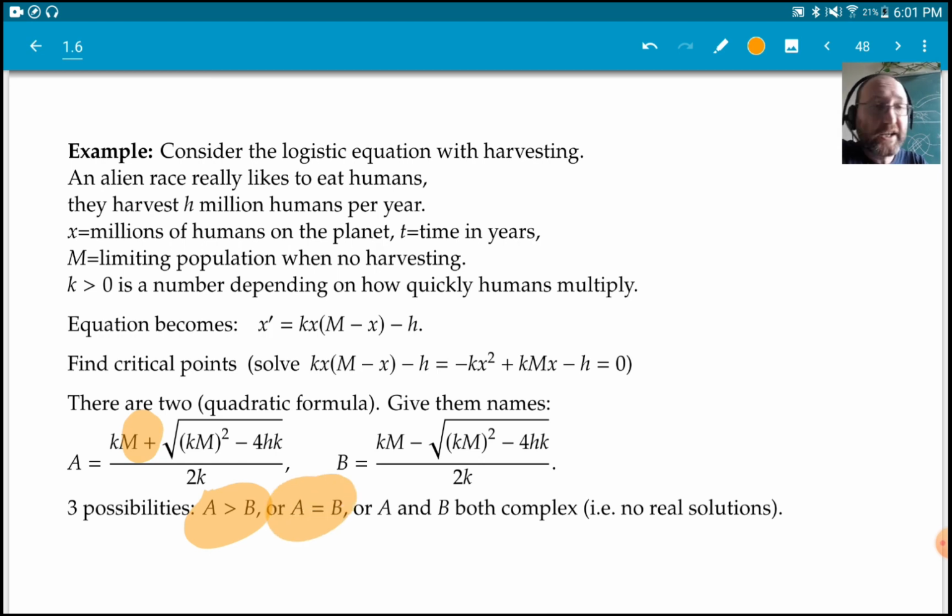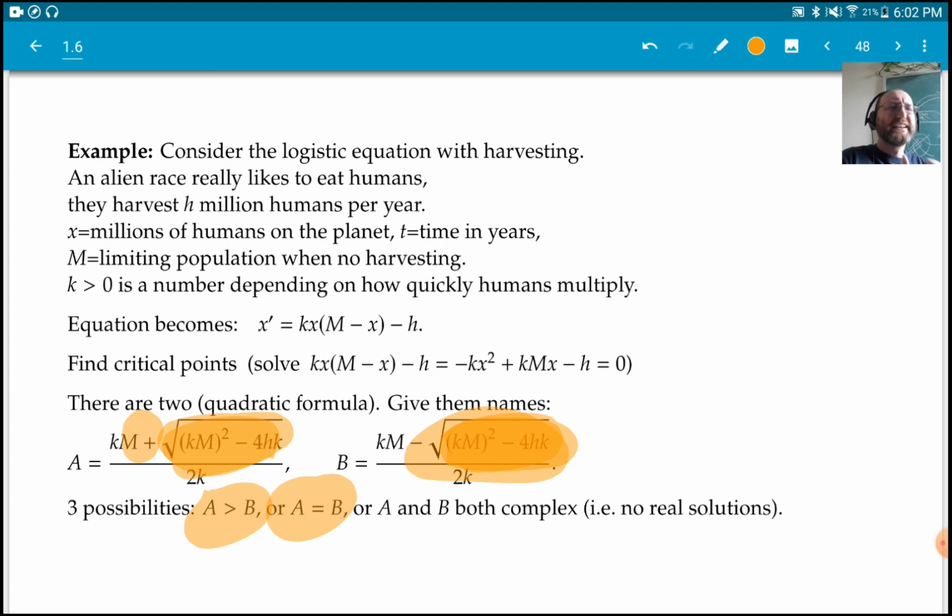or we actually get a doubled root. That would be when this right-hand side is 0, right? So plus minus 0, you get the same thing. Or when this right-hand side, the discriminant, is negative, what's under the square root, in that case we get complex solutions, meaning we don't get any real solutions, and we're interested in real solutions.